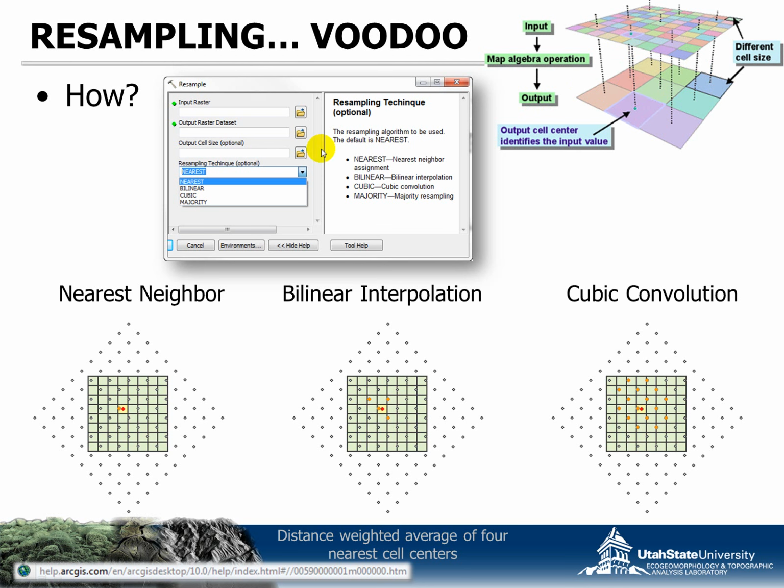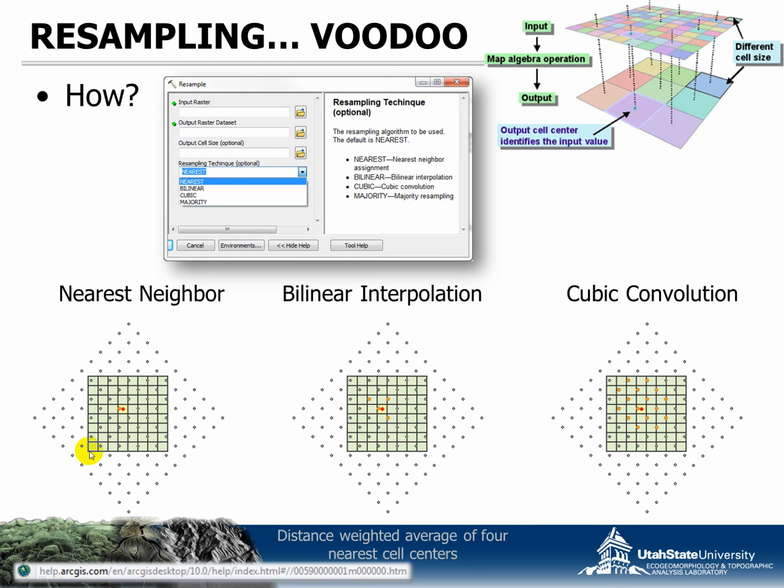So there's a tool, the resampling tool, and there are different methods by which you can resample. You can take your input grid, and in this case our input grid is represented, the cell centers, by this rotated diagonal grid. Those are your inputs.